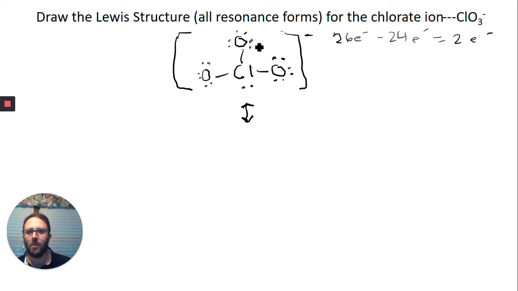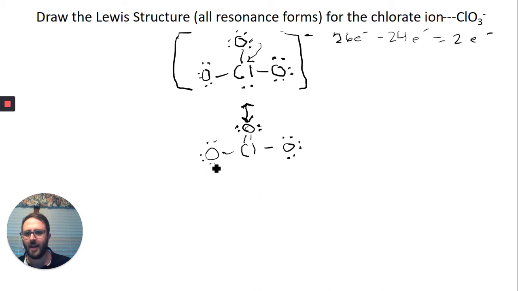What we could do is shift 2 electrons from the oxygen atom, take those 2 electrons, shift it here, and we would get a double bond. 2 of those electrons were moved, so we only have 4 electrons. We still have electrons here, and we still had electrons here.